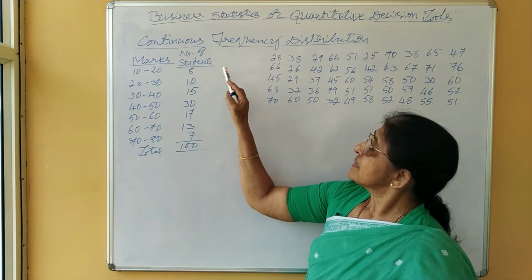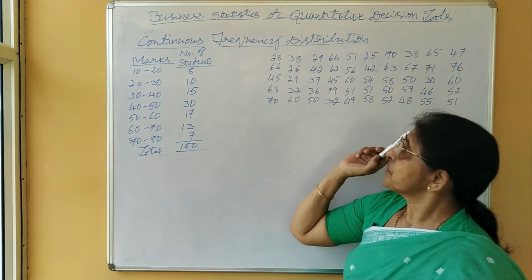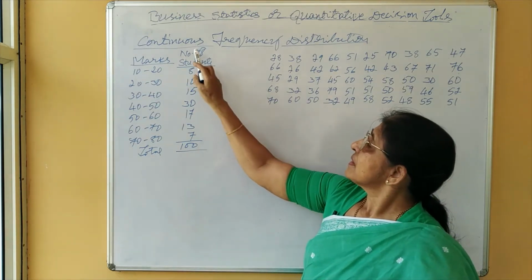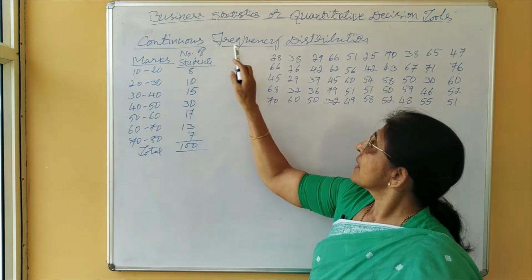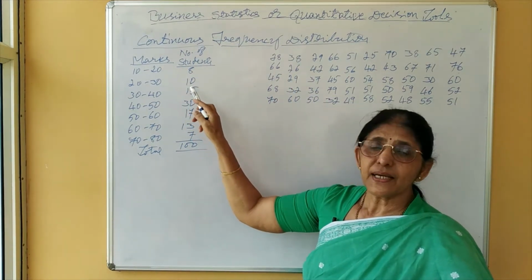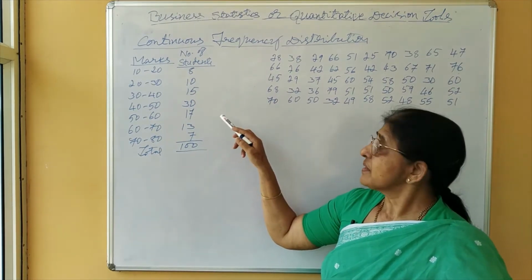In the previous video, we learnt about discrete frequency distribution. Here, today, let us cover the topic continuous frequency distribution. Under types of classification, we come across 4 types.